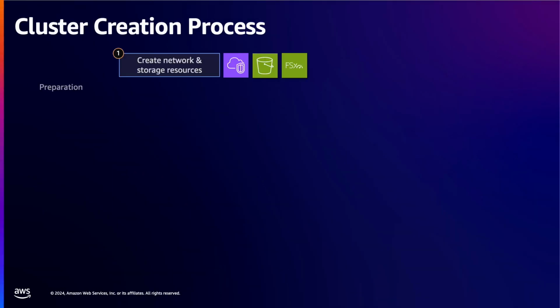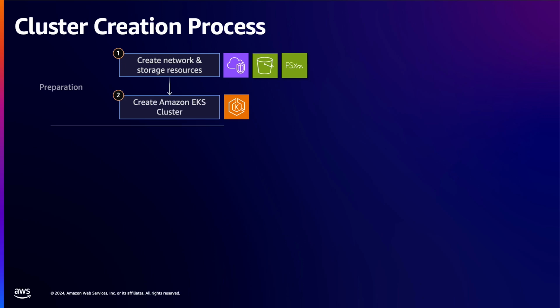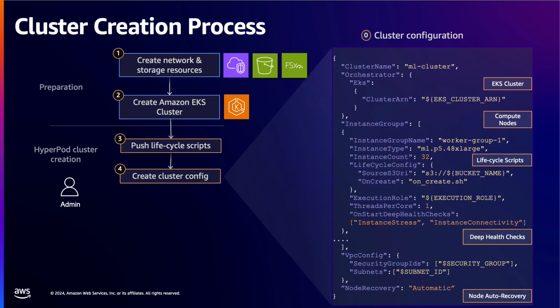To create a cluster, as I mentioned, first you need to create some basic resources in your VPC. And then I need to provision an EKS cluster. Some lifecycle scripts get pushed to an S3 bucket that help initialize nodes when they're about to join the cluster. And with this information, we create a HyperPod cluster configuration, which is displayed on the right.